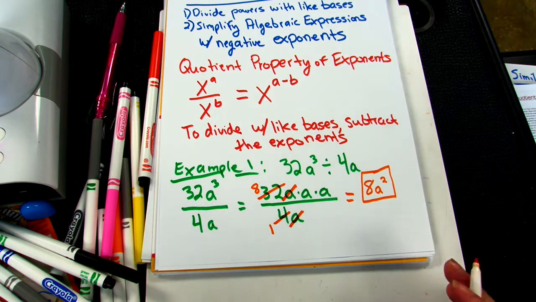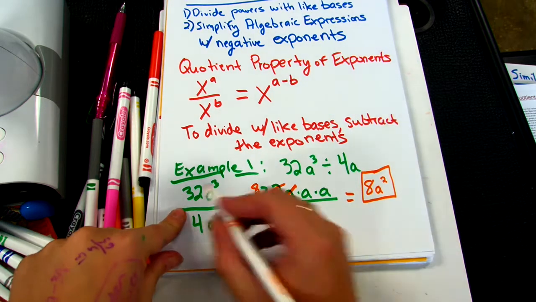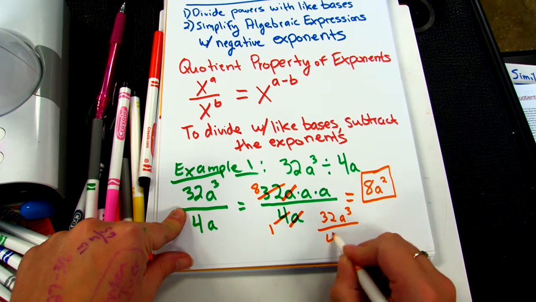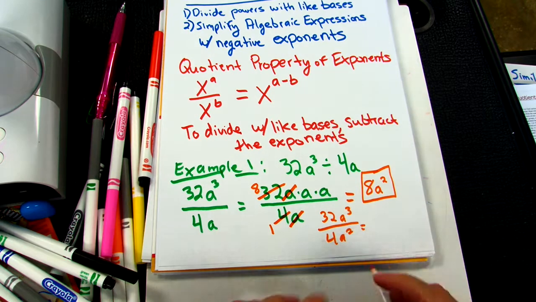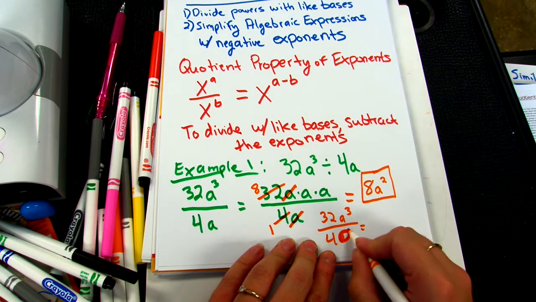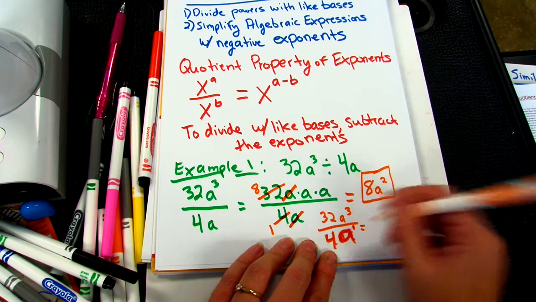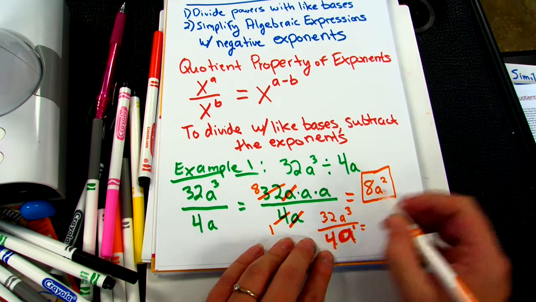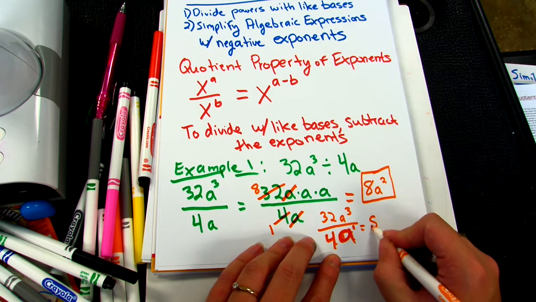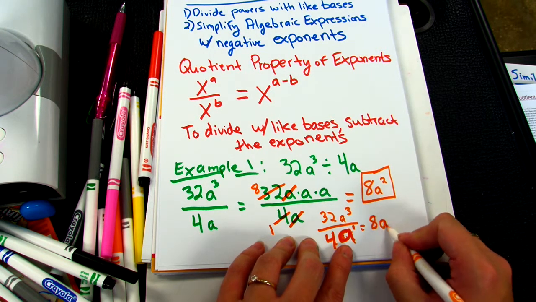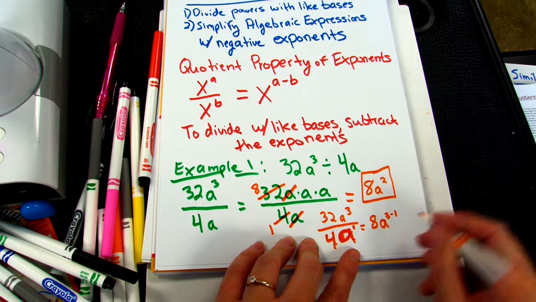We could have done it the other way. We could have said, well, 32a cubed over 4a. Well, that a has an exponent of 1, and I know that 4 goes into 32 8 times, and these are like bases, so it's going to be a to the 3 minus 1.